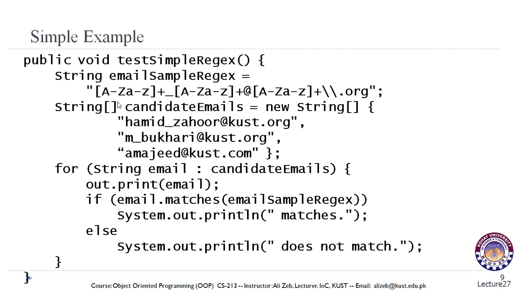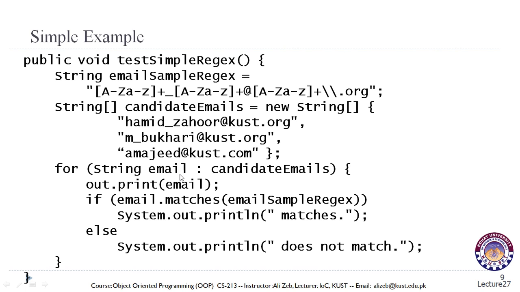This can be read as an example application of the situation that we are trying to validate over here. We are trying to validate an email address, and in this case we have a regular expression. Then we have a set of email addresses that we would want to validate according to this expression.